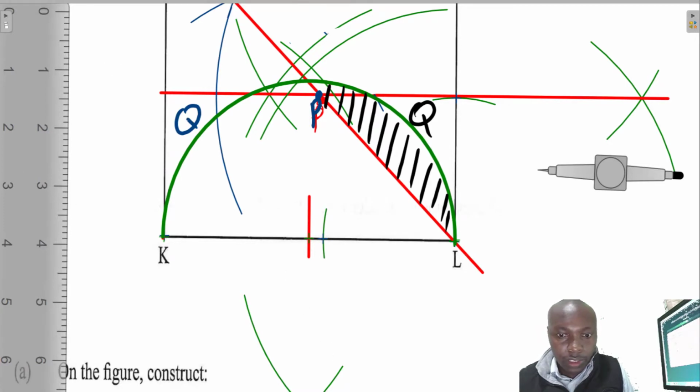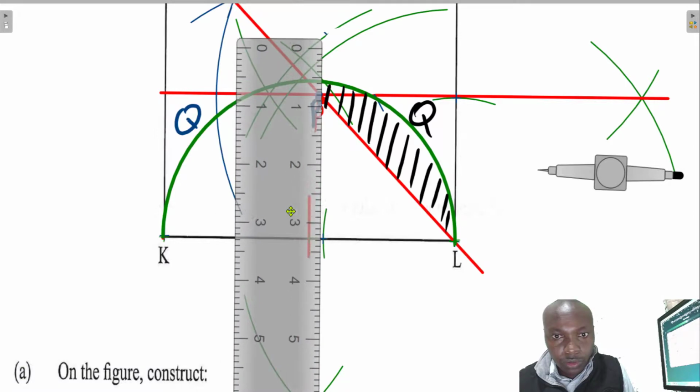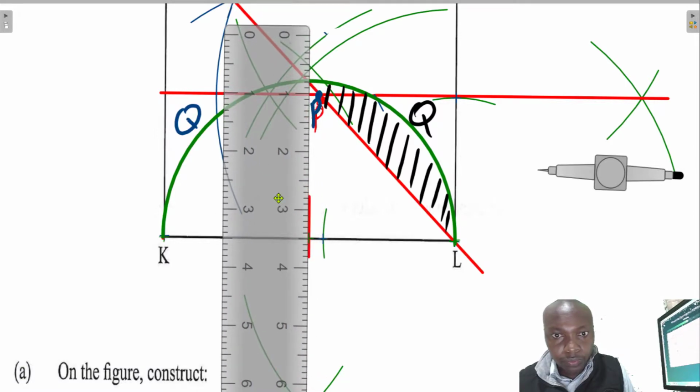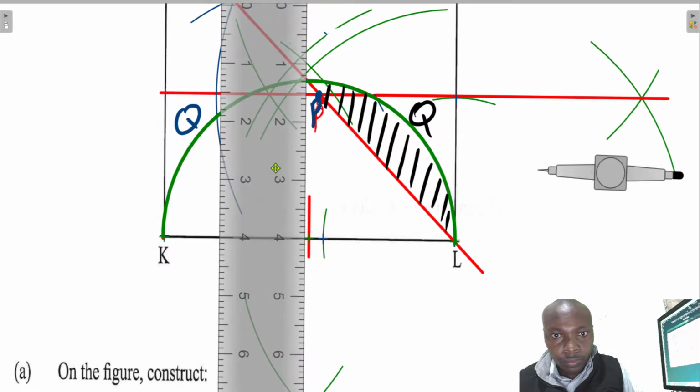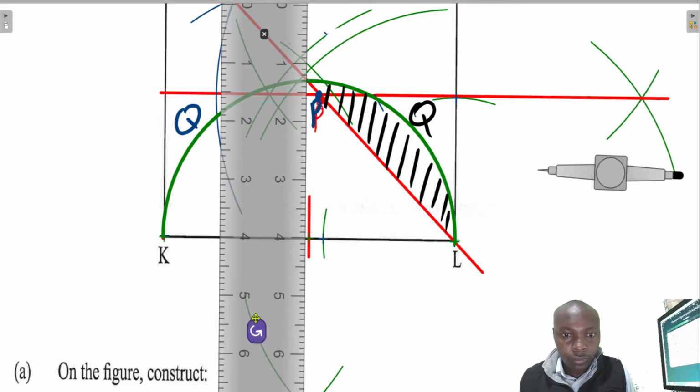There is this line, which was a very crucial one that we need to draw, and this point of intersection here is what I'm looking for.